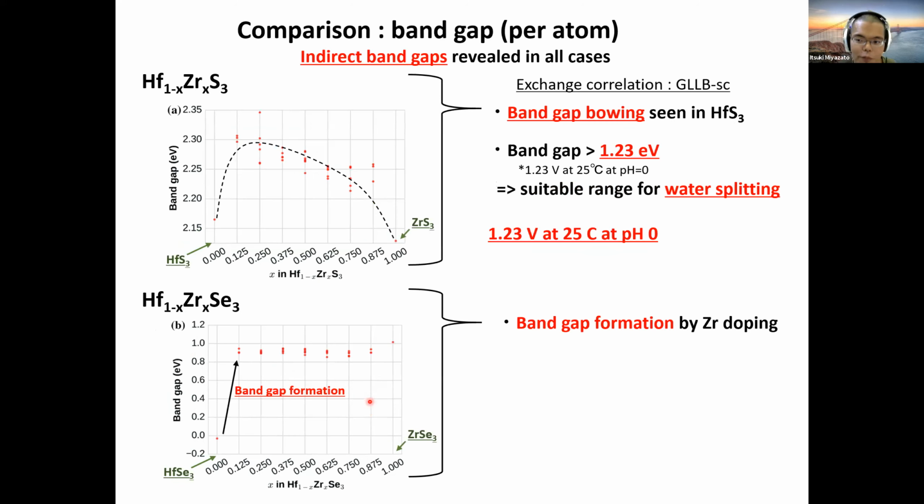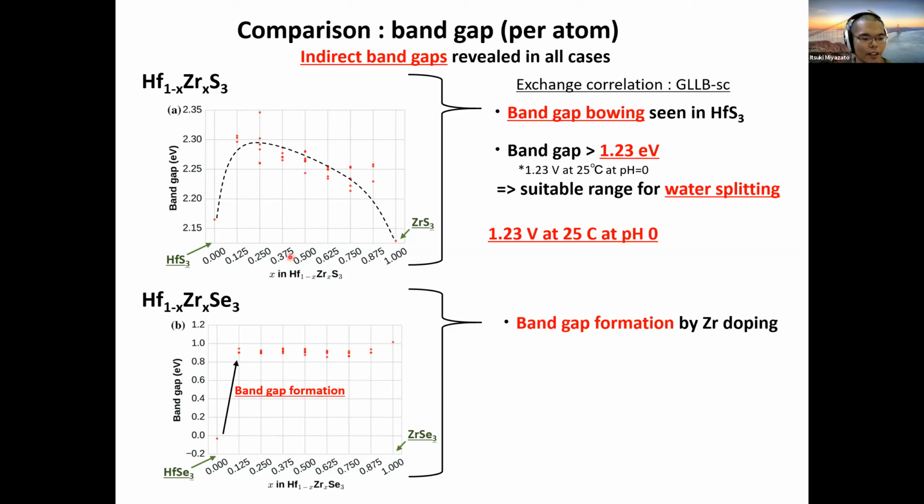And here is the result of the band gap calculation. Indirect band gaps are observed in both zirconium-doped HfS3 and HfSe3 monolayers. This is similar to the bare HfS3 and HfSe3 monolayers.